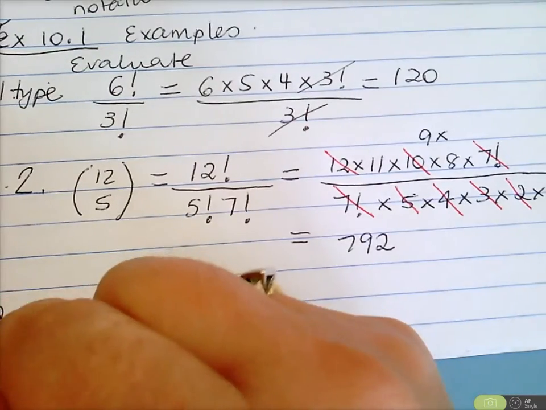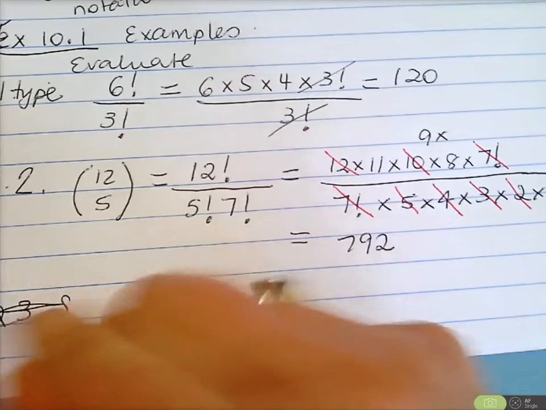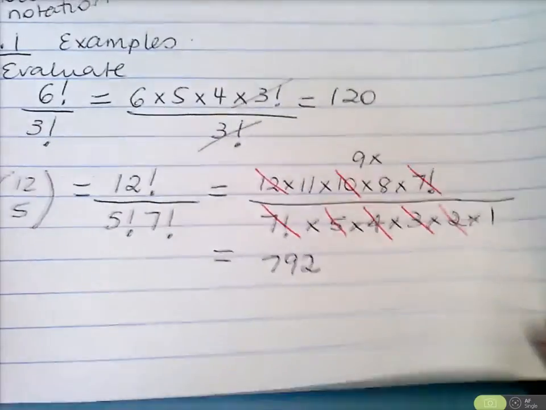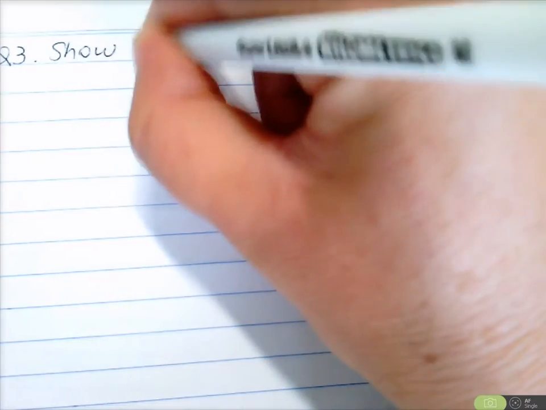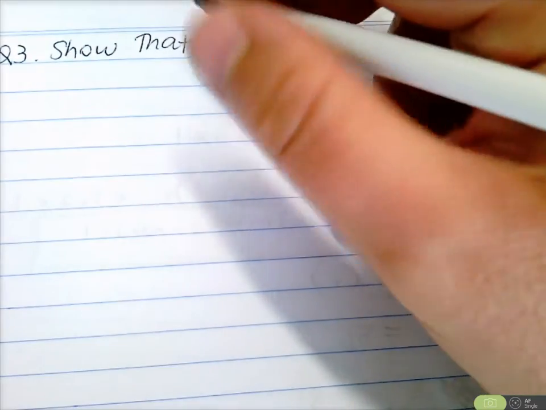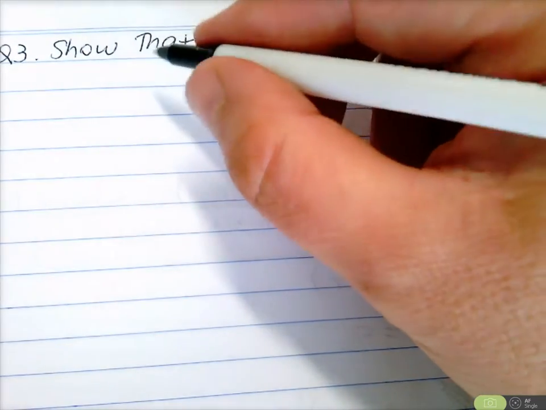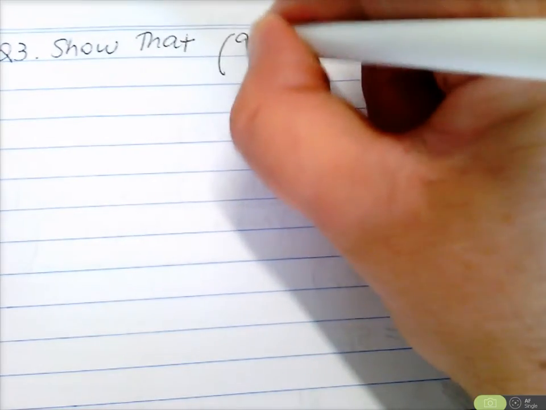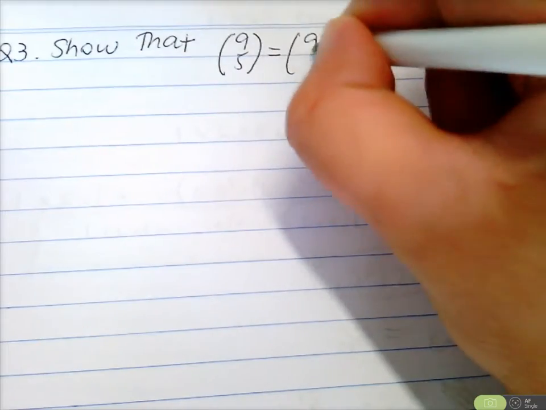But question 3, I'll go over the page. Can I rub this? Can I go over? All right. I'm just doing examples from each. Question 3 is to show that, say, they've got that 9 on 5 equals 9 on 4.